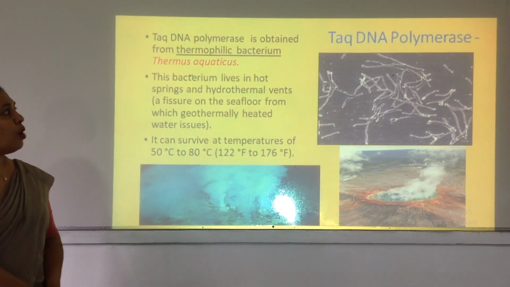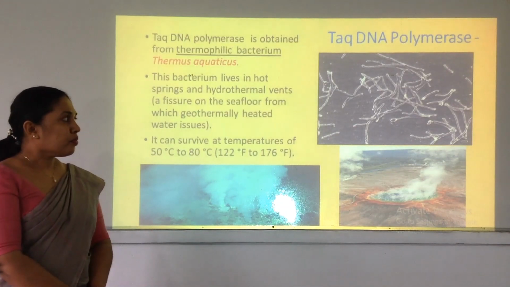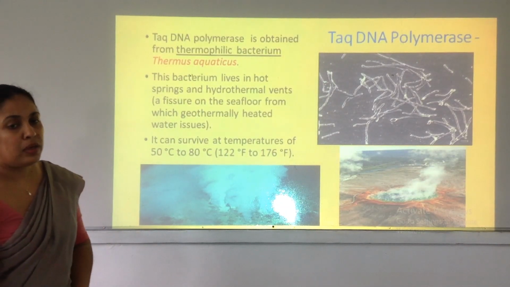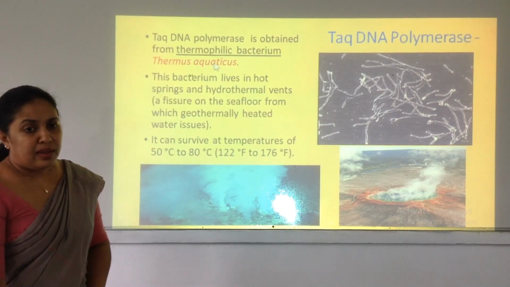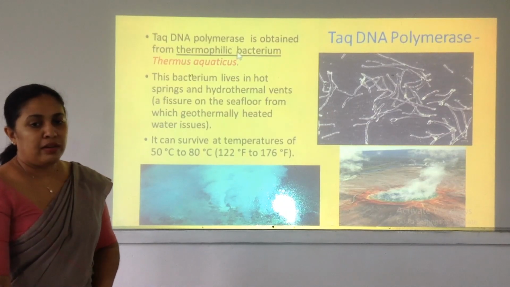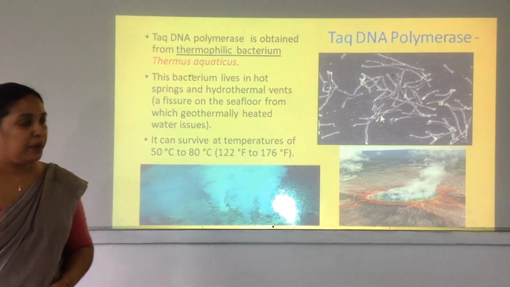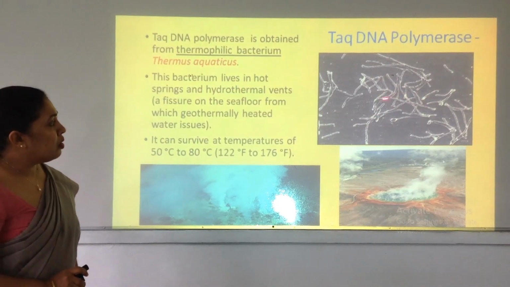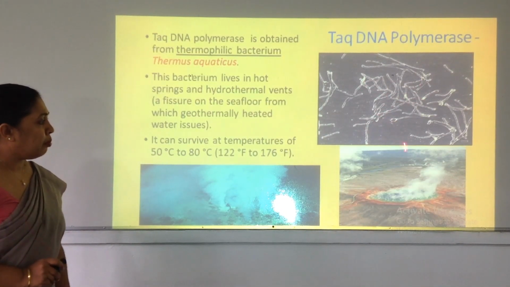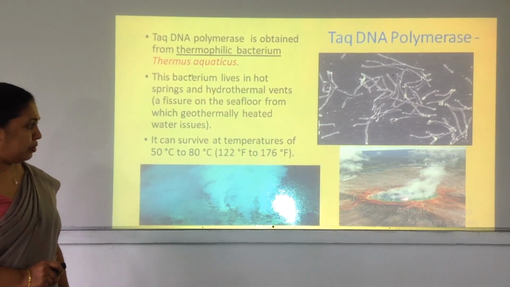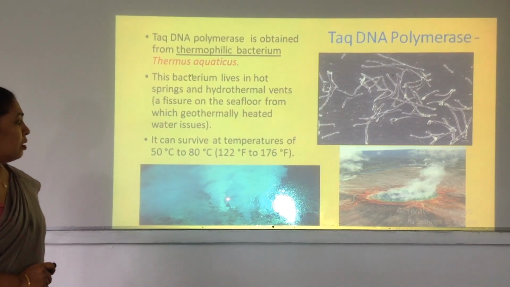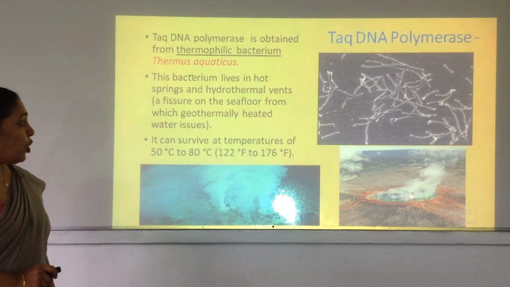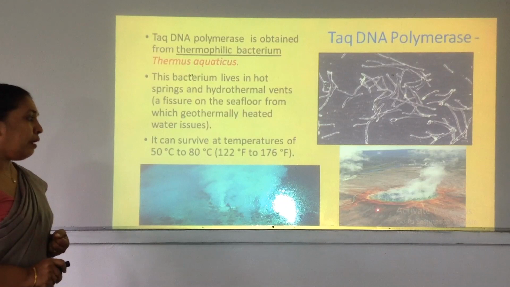Taq DNA polymerase is obtained from a special microorganism. Actually it is a bacteria, Thermus aquaticus, a thermophilic bacteria. It is an elongated rod-shaped bacteria, and they live in volcanic peaks, and sometimes on the seabed there are hydrothermal vents and hot water springs where the temperature is very high.